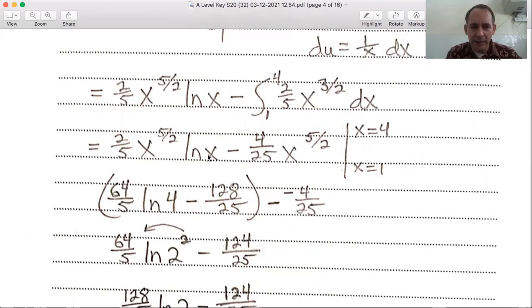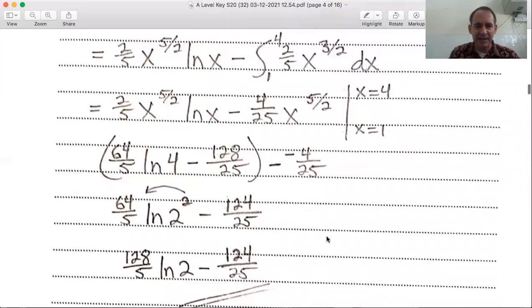When you plug in a 1 into ln x, that makes 0. So this first term cancels out. When you put a 1 in here, you get 4/25. So notice we have this minus because you do top minus bottom, and then this minus comes from right here. So don't forget you have 2 negatives here, not just 1.